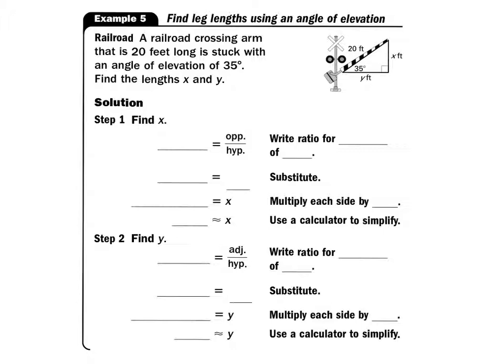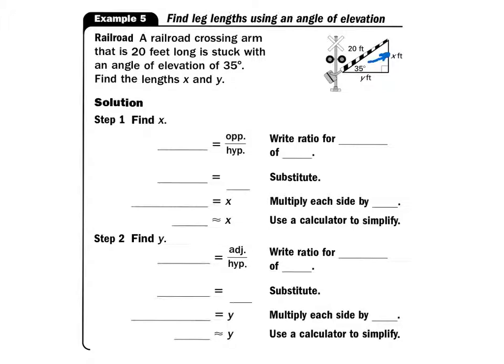What do we have? We have 35 as our angle, and then x is opposite or adjacent or hypotenuse. Well, x is opposite. And then we have the number 20 is our hypotenuse, isn't it?